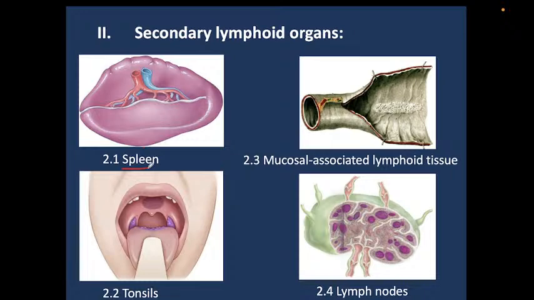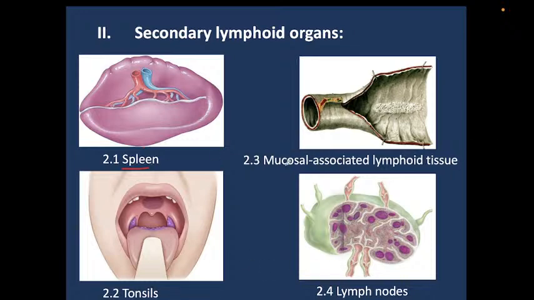This is an organ not only of the immune system, but also of the blood or hematoid system, because the spleen kills old erythrocytes, red cells in the blood.